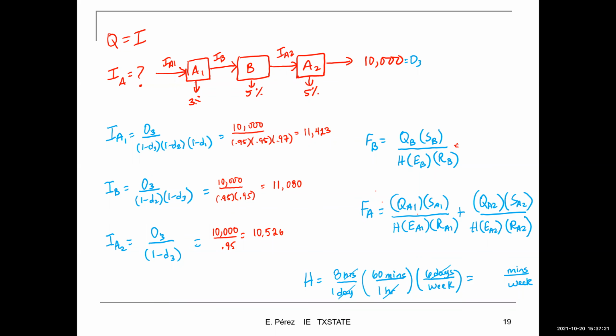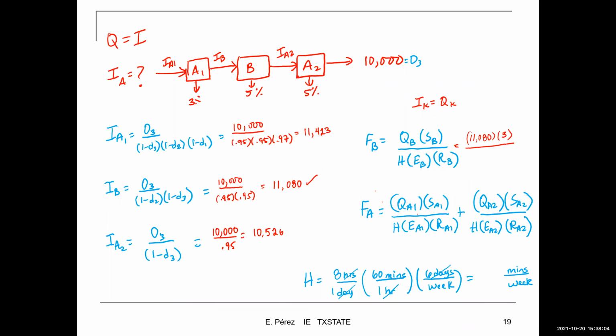So for FB, since we already know the value for Q when computing this input for the second station, we can substitute that value. You're gonna make IK equals QK now. So for B, that value is 11,080 times S was 3.